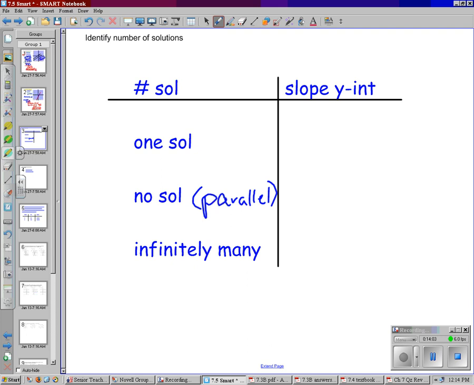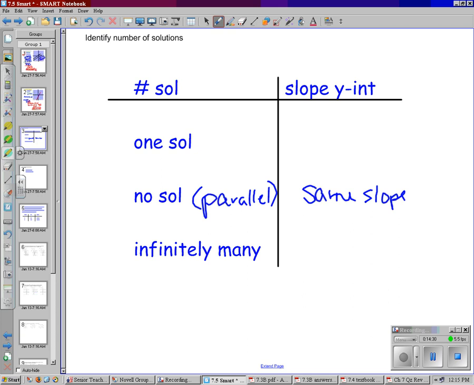What do you know about the slopes of parallel lines? Anybody know about the slopes of parallel lines? Rebecca? Are they the same? They are. You're going to have the same slope. If the equation is y equals mx plus b, you're going to have the same slope.